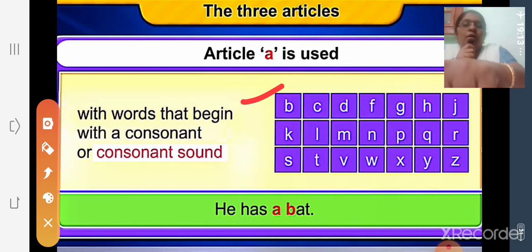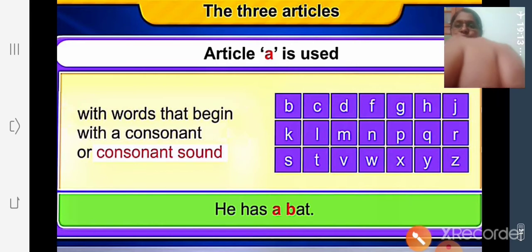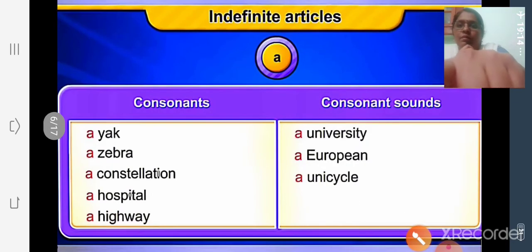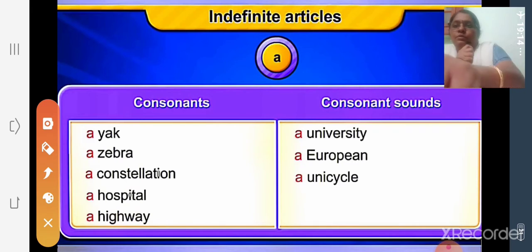So a is used with words that begin with a consonant or consonant sound. Okay, so look at here. On this side, consonants and consonant sounds.